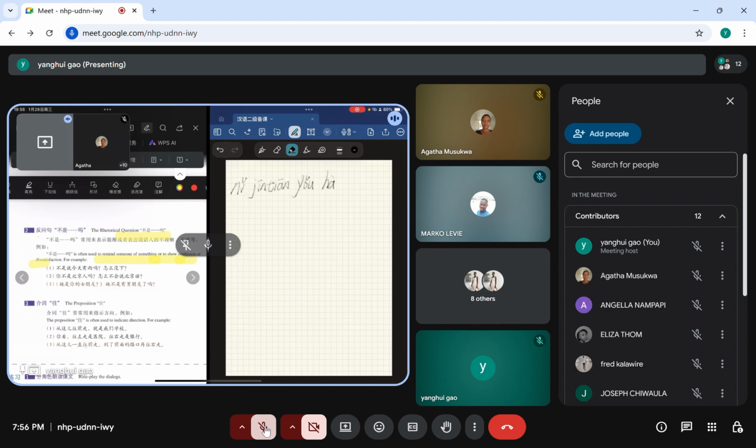You can remind him by saying 你今天有汉语课, or we can use the question sentence 不是吗 to remind him.